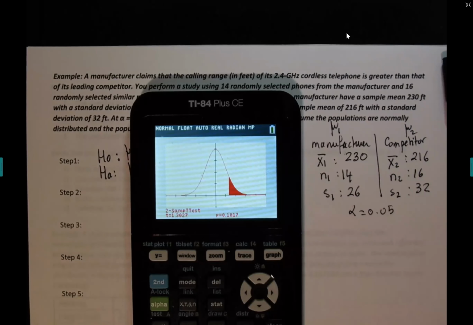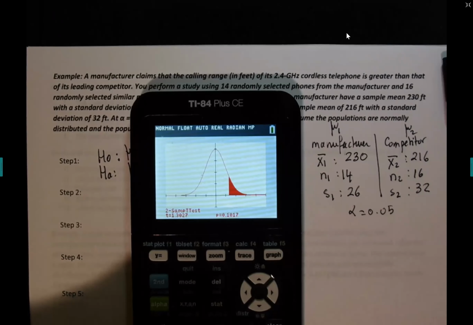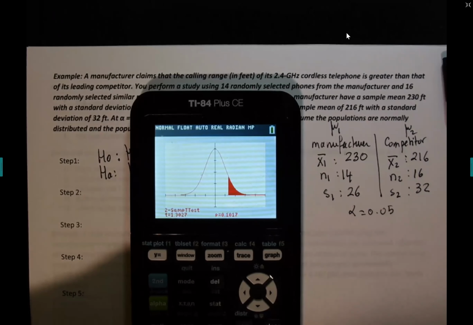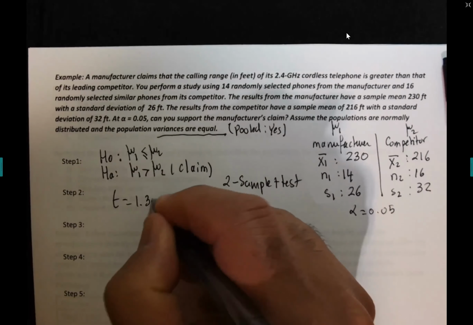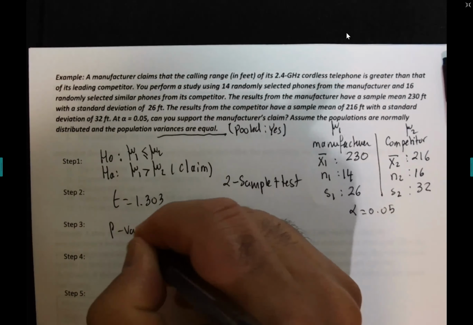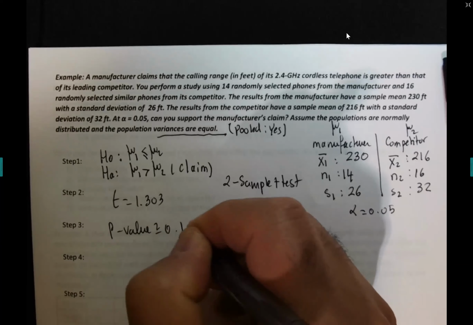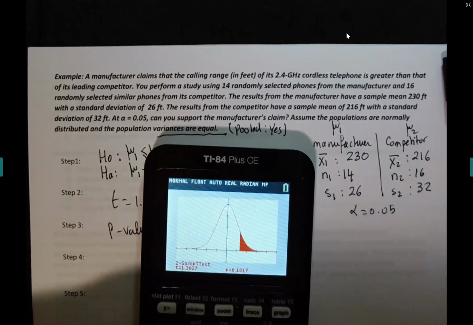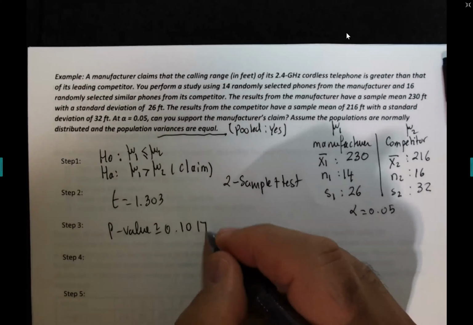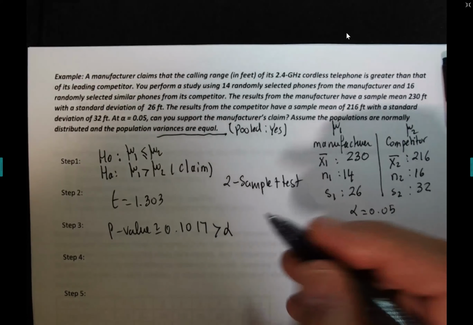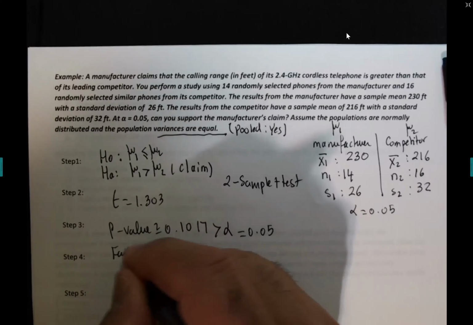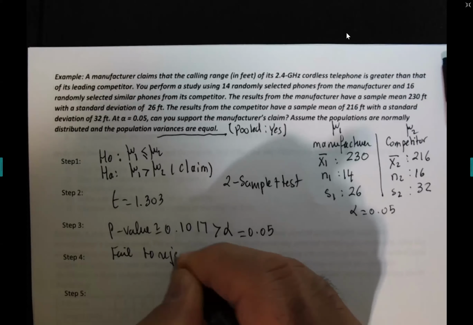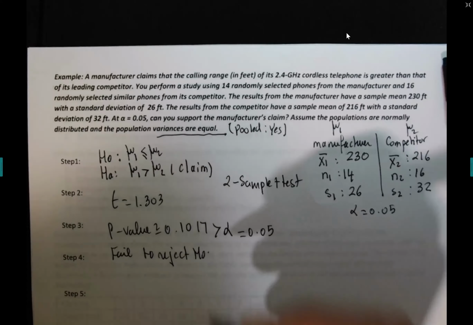okay. Unfortunately, p-value is bigger than alpha again. So t is 1.303. P-value is 0.1017. Bigger than alpha, which is 0.05. Fail to reject H0.